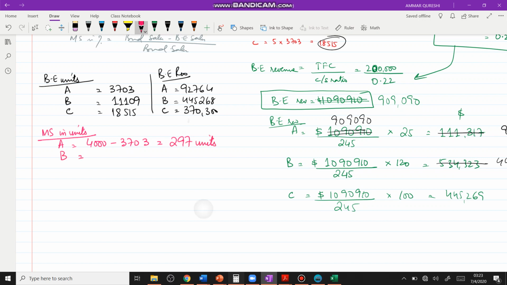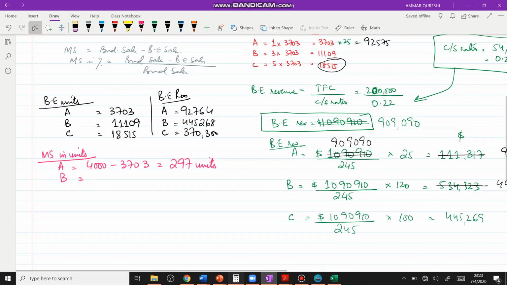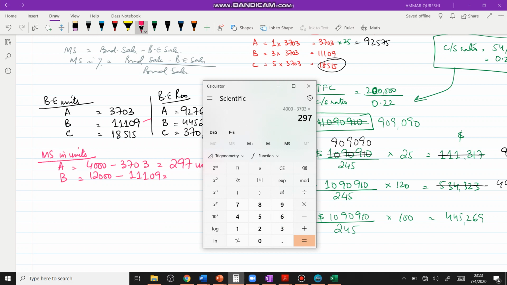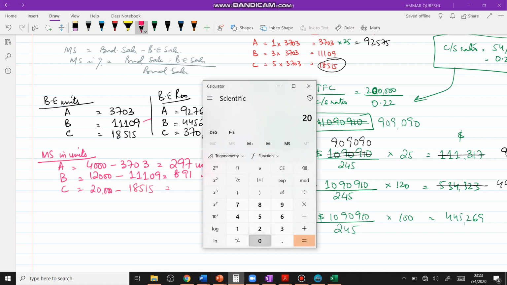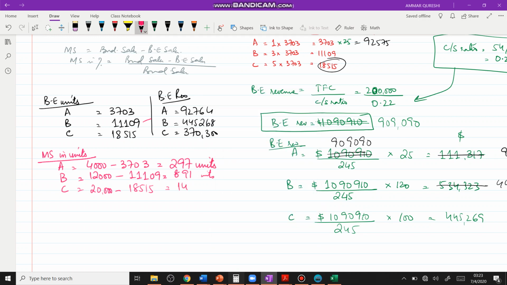For product B, it is 12,000 units sales volume minus 11109, which is 891. And for product C, 20,000 units minus 18515, which is 1485, right? So this is basically the margin of safety in units.